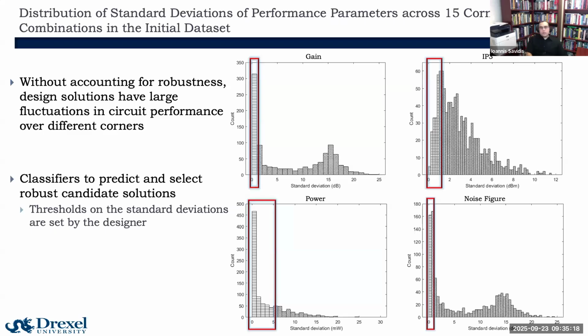And the sizing algorithm only looks at and picks points that fall within these red boxes. That was the idea and premise of the problem. So you meet all circuit specifications for whatever circuit you're targeting, and you also are robust across process corners and temperatures.